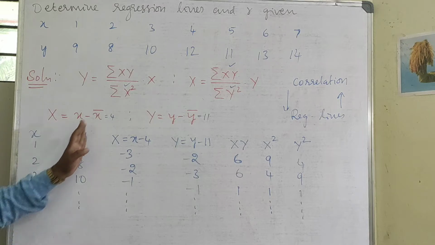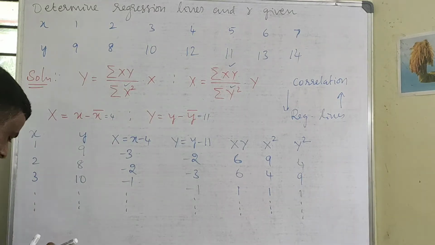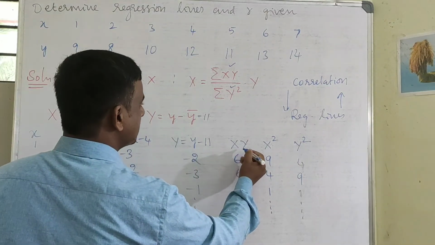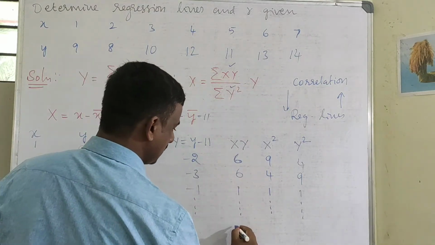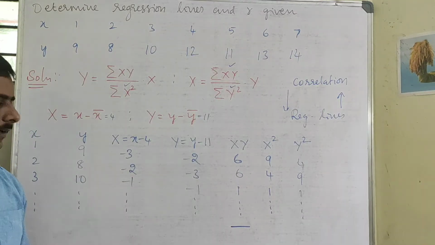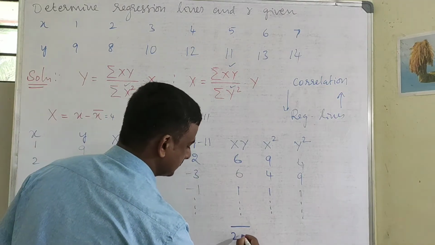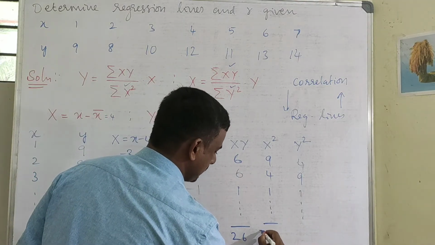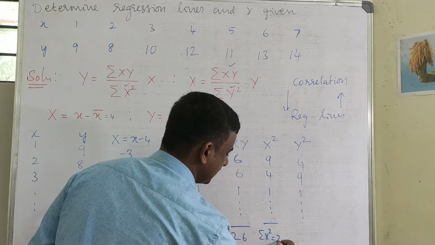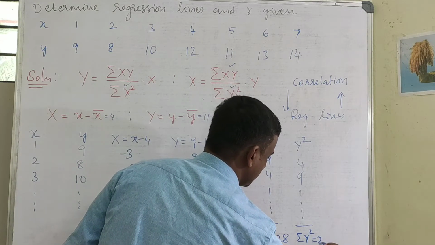Now I want the summations, so add up those values. If you write the table completely and add all the values, you will get summation XY as 26, summation X square as 28, and summation Y square also 28.